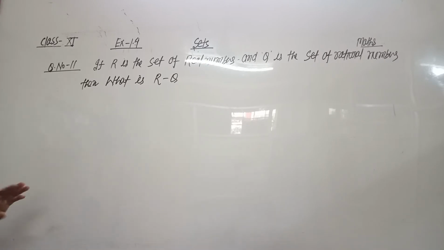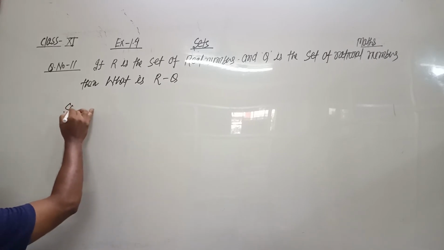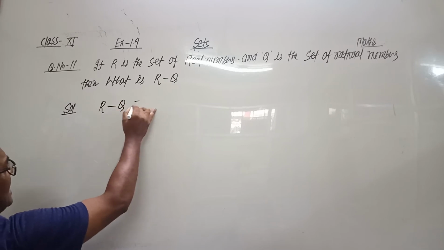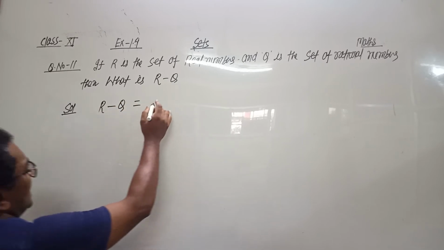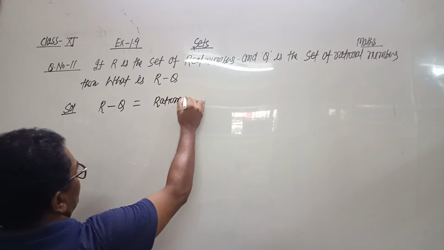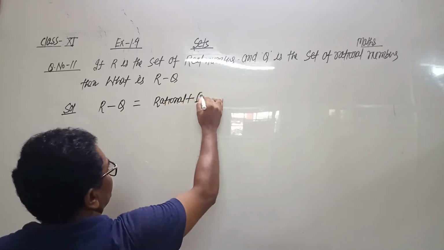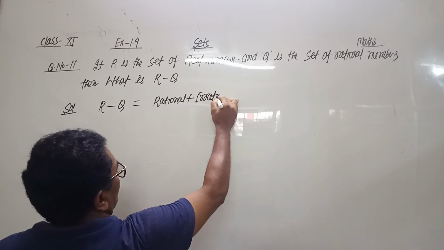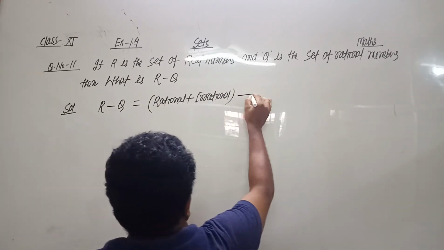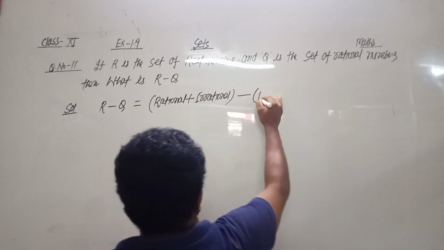So we have to find R minus Q. R is the real number, and real number means rational plus irrational, minus Q. Q means rational number.